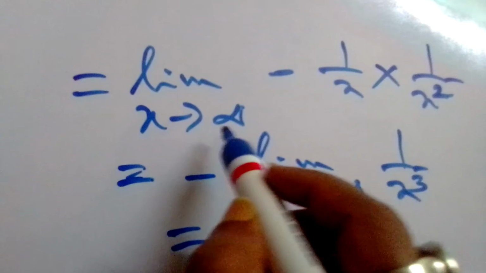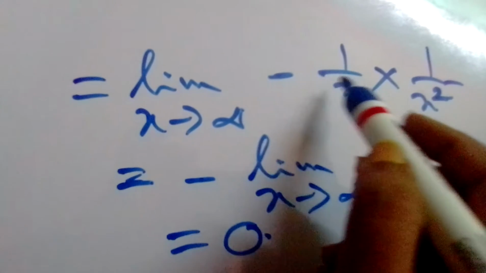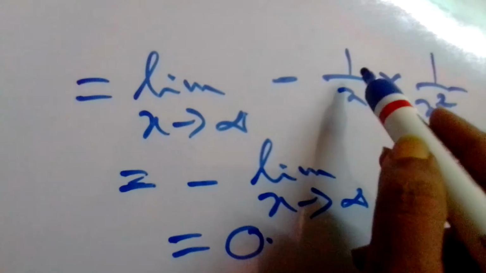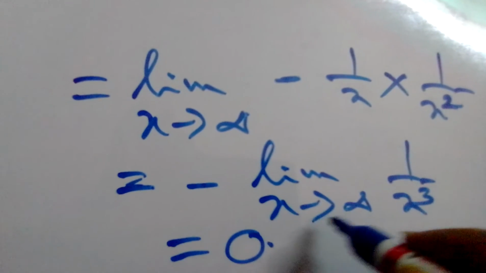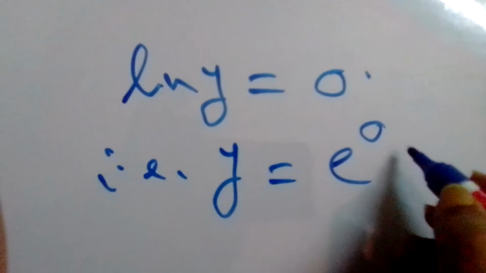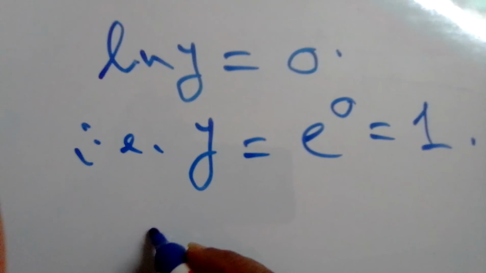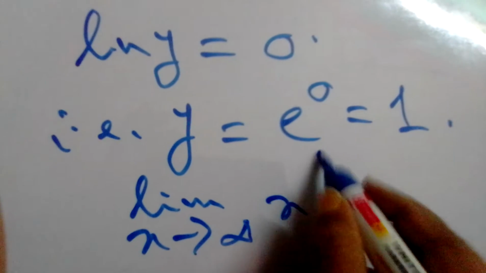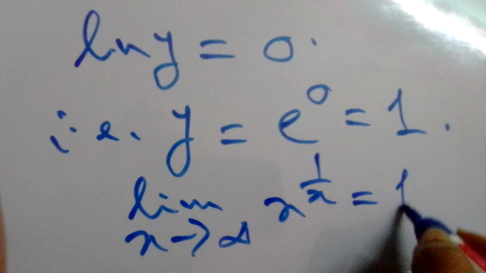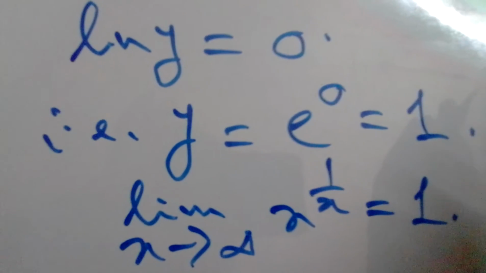Now we write limit as x tends to infinity, minus derivative of ln x, that is 1 by x, into minus 1 by x square, and it will look like minus of limit x tends to infinity 1 by x cube, that is 0. Now ln y is equal to 0, that is y is equal to e to the power 0, and it will be 1. So finally we write limit as x tending to infinity of x to the power 1 by x goes to 1. So in this way we tackle this situation.